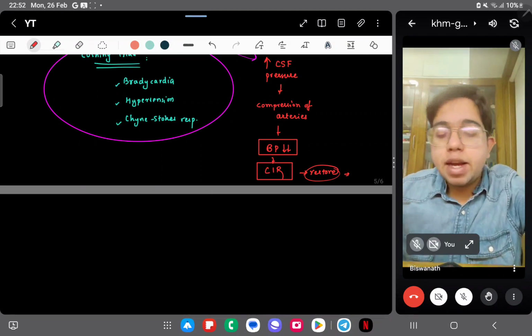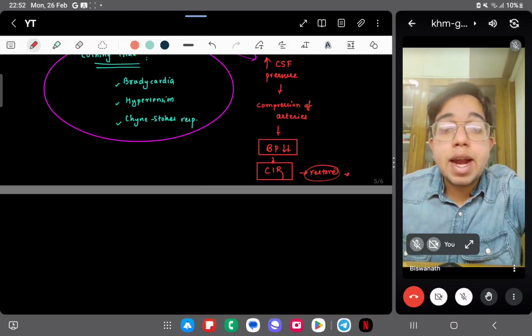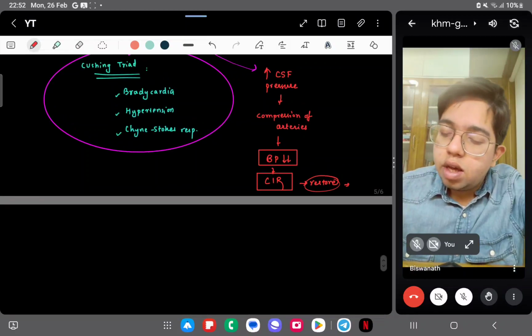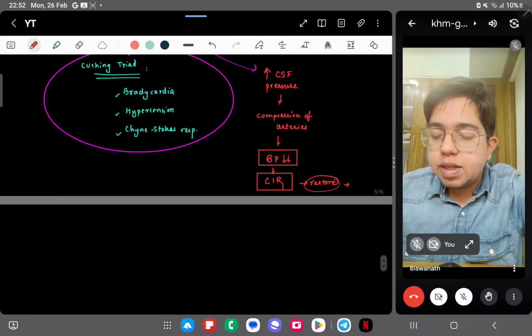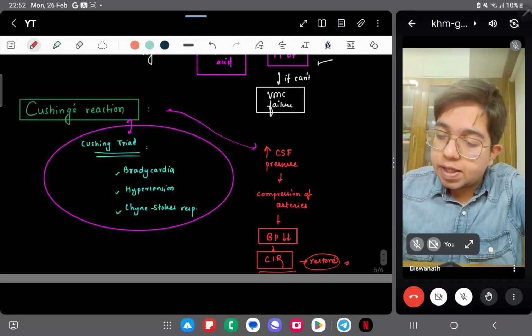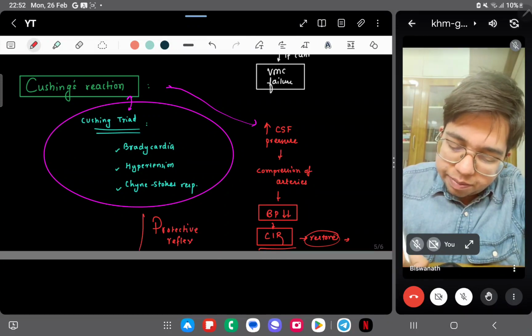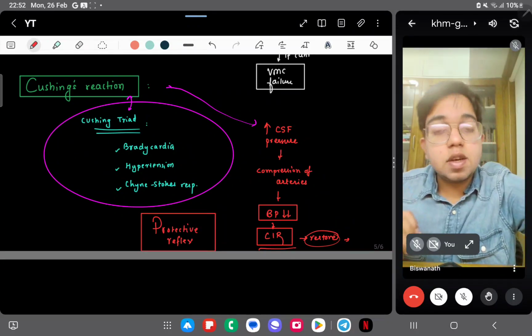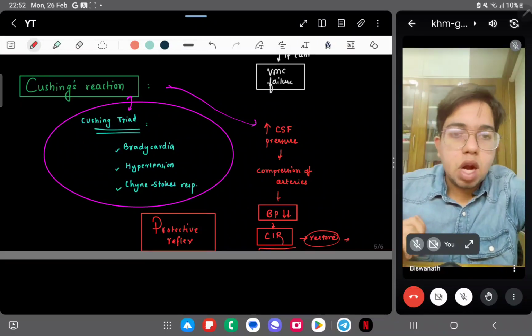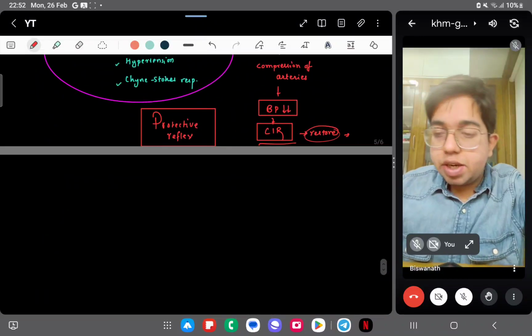If it can't restore BP, the vital centers of brain will fail. The person will die at any cost. So it will restore the BP, this CNS ischemic response, and protect. This is a protective reflex to protect the vital centers of brain. Understood? So that is about your Cushing reaction.